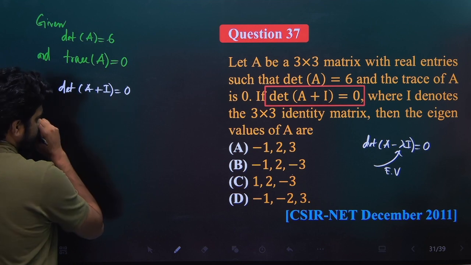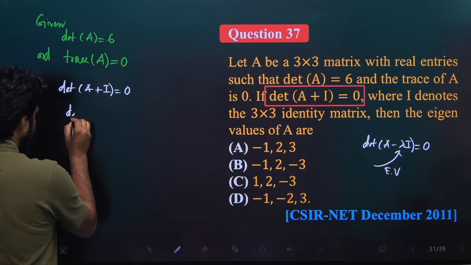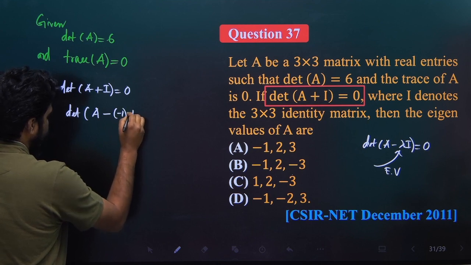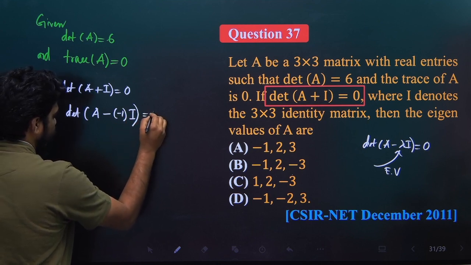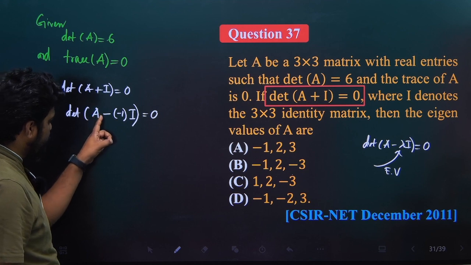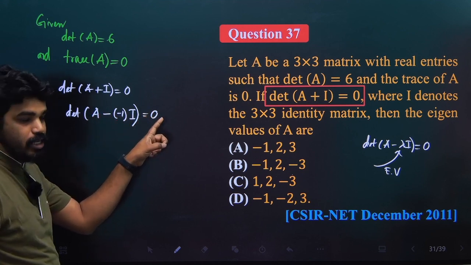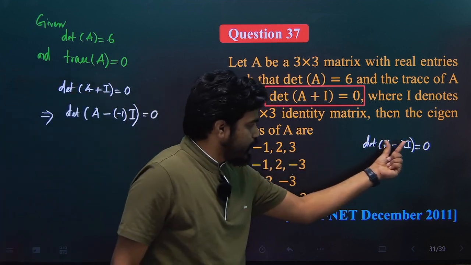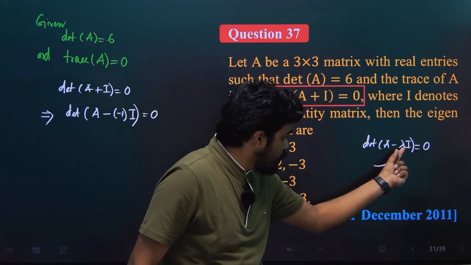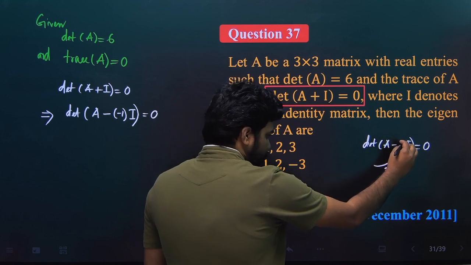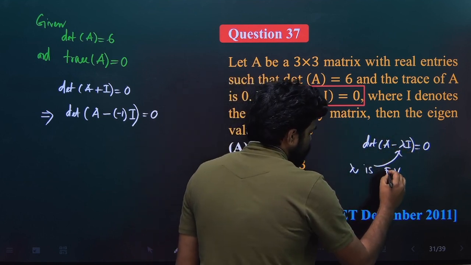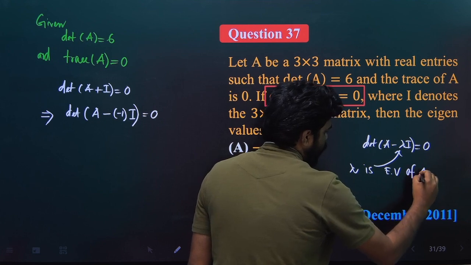Determinant A plus I can be written as A minus (-1) into I is equal to 0. Determinant A minus lambda I is equal to 0 means lambda is an eigenvalue of A.